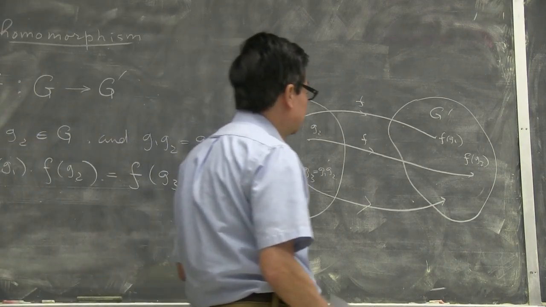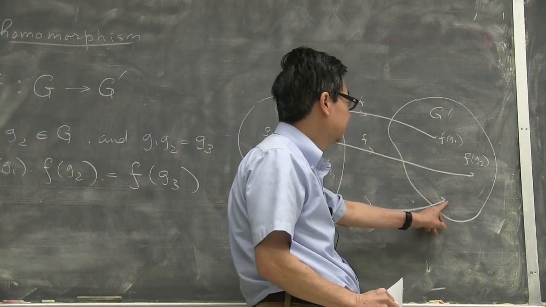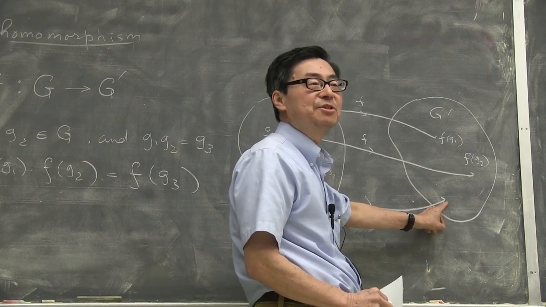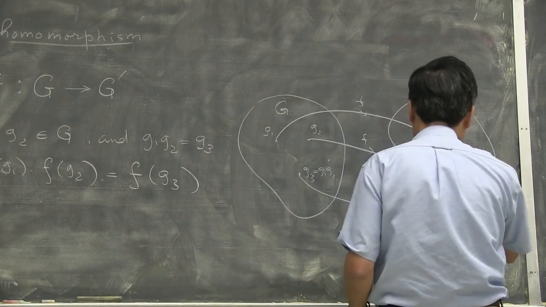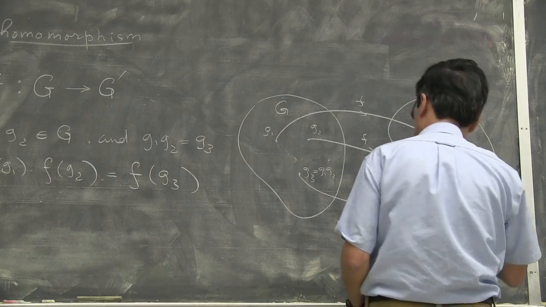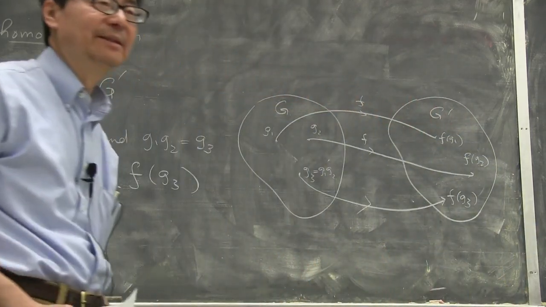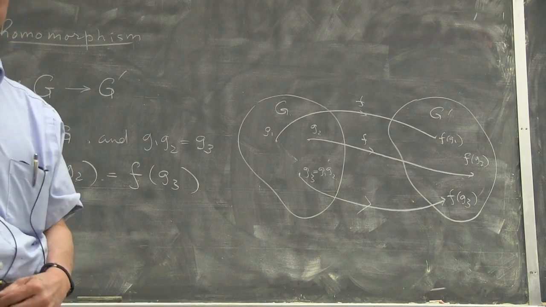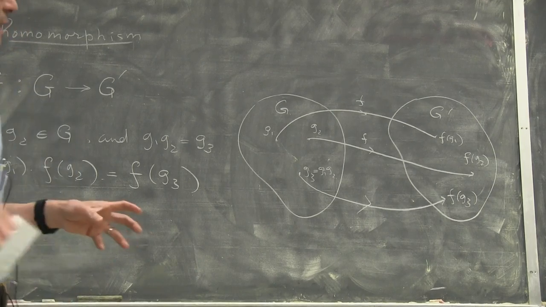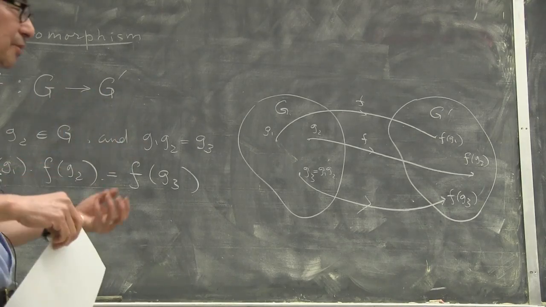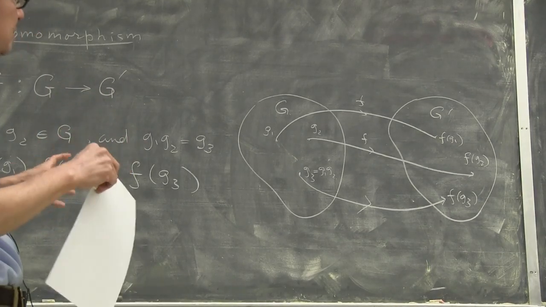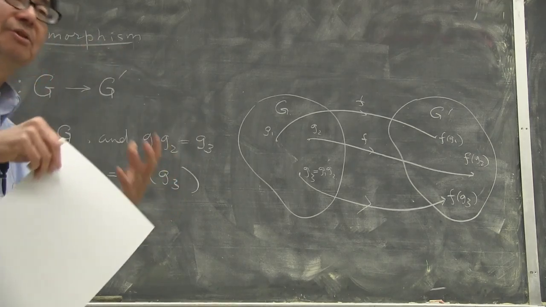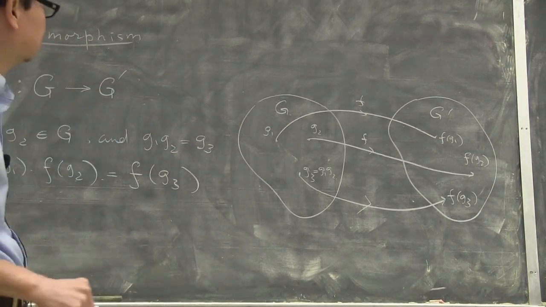The requirement is that where does it get mapped to? It gets mapped to f of G1 times G2. In other words, f of G3. Okay, not all maps obviously satisfy this property, right? The descriptive term is that a group homomorphism preserves the multiplicative structure of the two groups, okay?